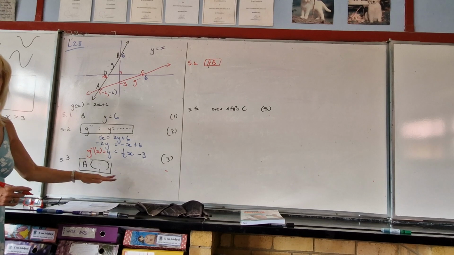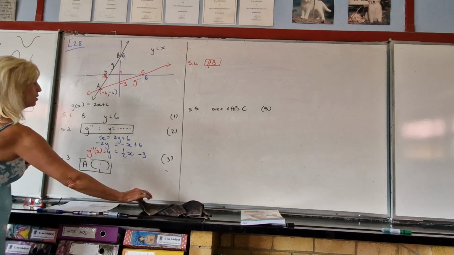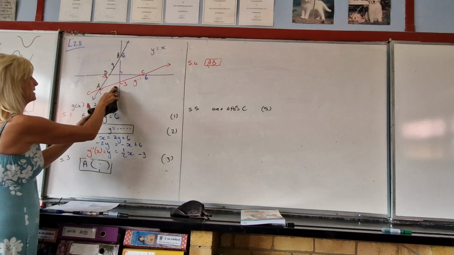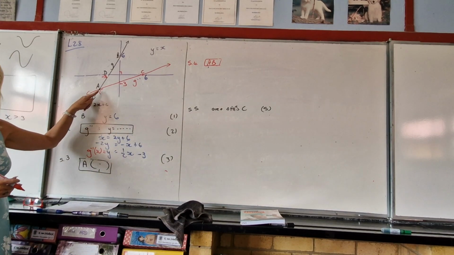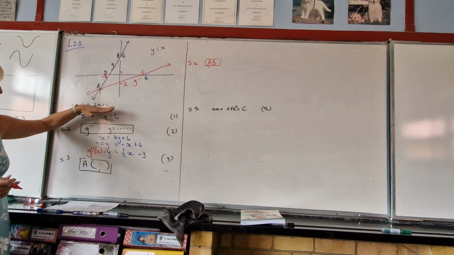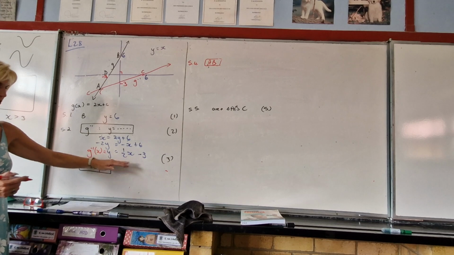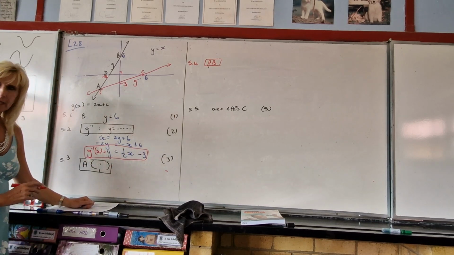I didn't need that up to now. Then they also wanted me to find A's coordinates. You see it there's negative 6, but how do you get there? How do you find A? You make them equal to each other. Those are simultaneous equations. You've got this black one, and you've got this red equation. You need to put them equal to each other.